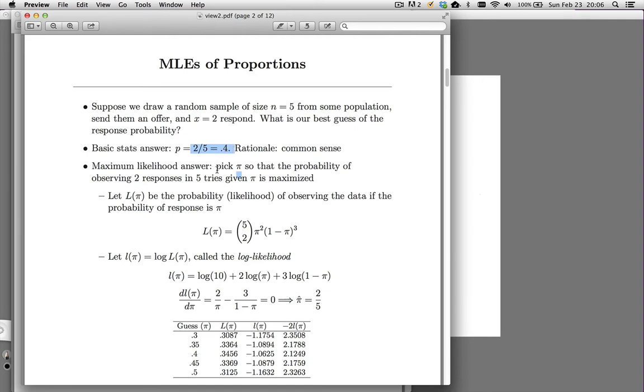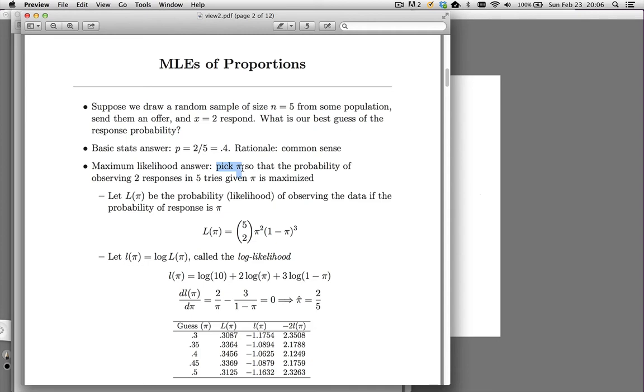So the subtle idea is this: we're going to pick our estimate of pi so that we make the probability of observing the data that we have on hand as large as possible. So we've observed 2 responses out of 5 tries. We want that probability to be as large as possible.